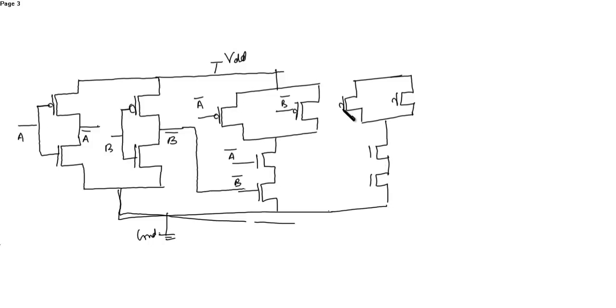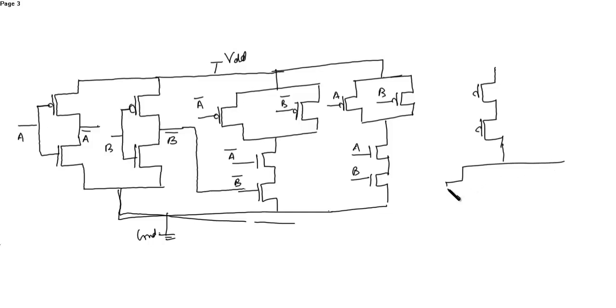Okay, here, this is A and this is B. Then we need an OR gate where the PMOS are in series and the NMOS are in parallel.